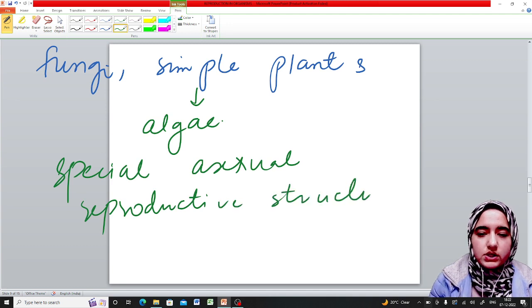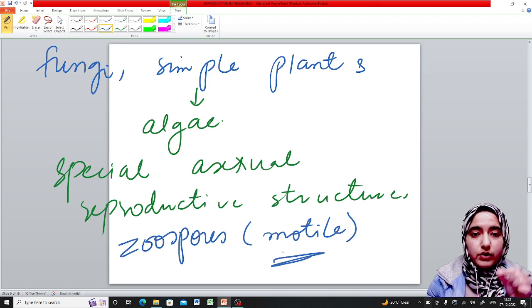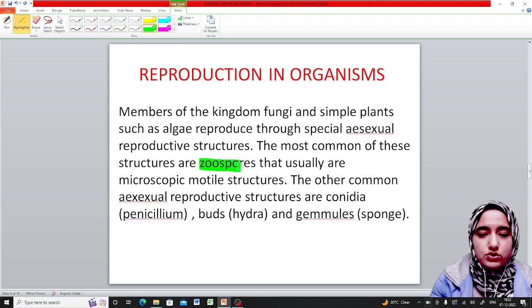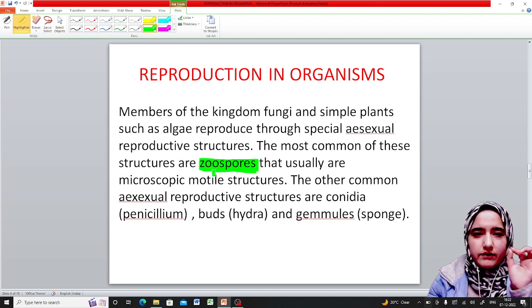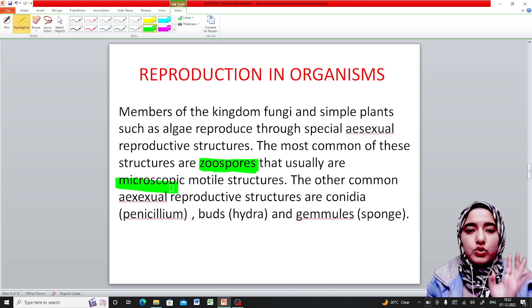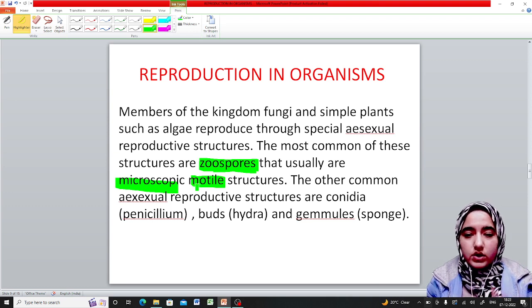These structures may be zoospores, which are motile. That means they show mobility, they can move from here to there. Zoospores are obviously spores, very tiny structures, so they are microscopic, but they are motile structures. Motile means one who shows mobility.